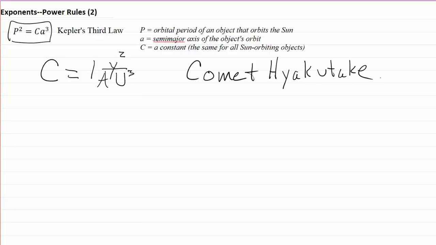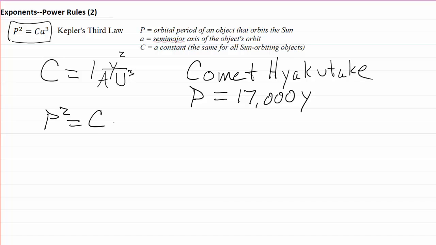It was named after the astronomer who discovered it, a Japanese amateur astronomer, who actually discovered it with binoculars, fancy binoculars, but still just binoculars. Its orbital period on the previous orbit was found to be 17,000 years. And we can calculate what the semi-major axis of the orbit would be for a comet that has an orbital period of that. So let's see how to do that.